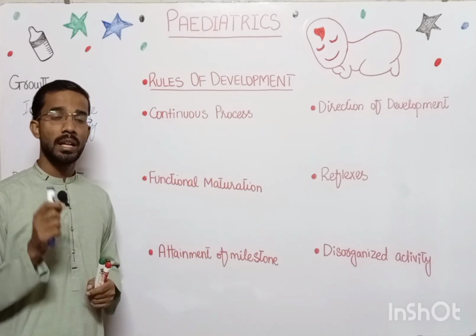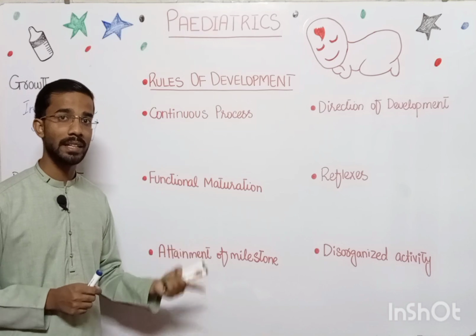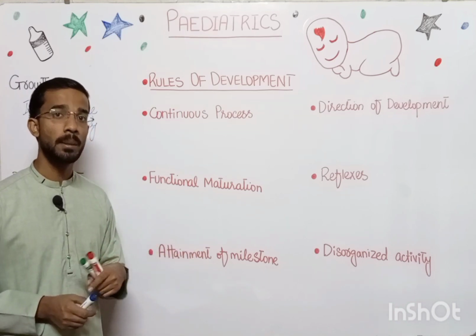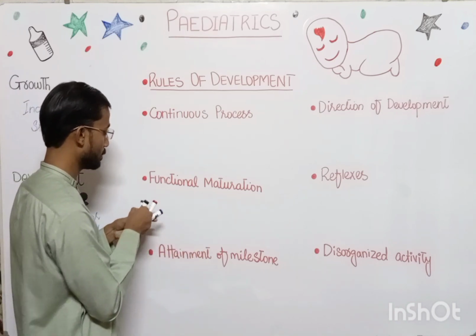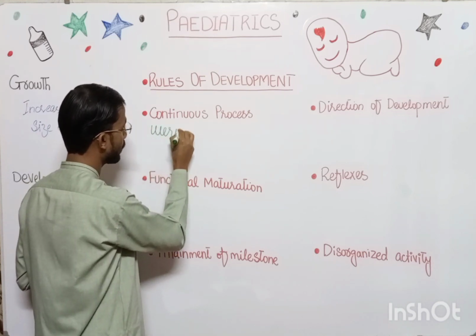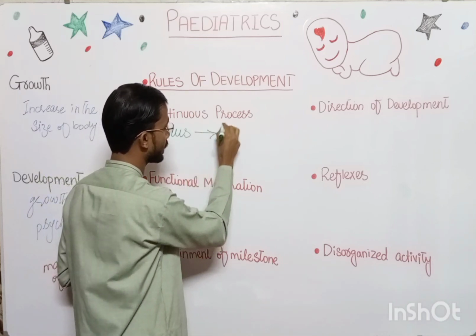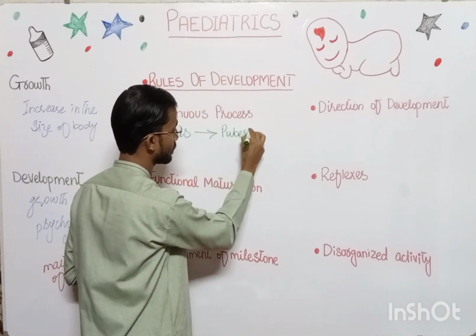Actually, development starts in the uterus and ends at the puberty. So basically, developmental processes start in the uterus and end at the puberty.